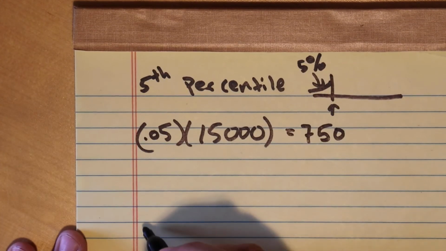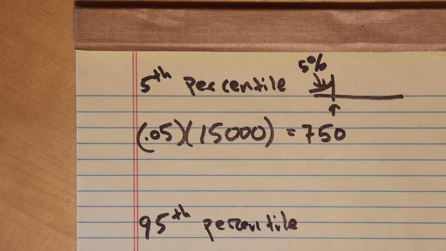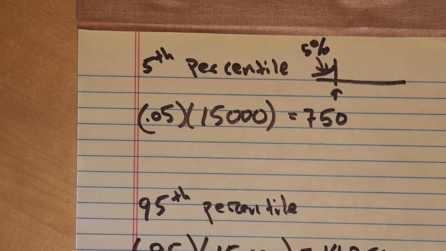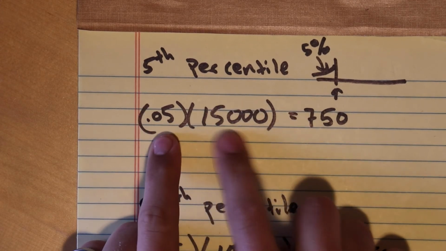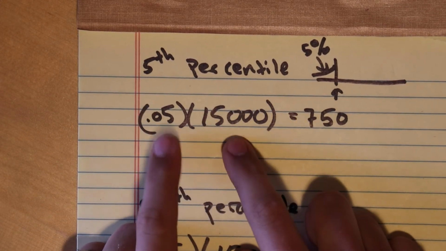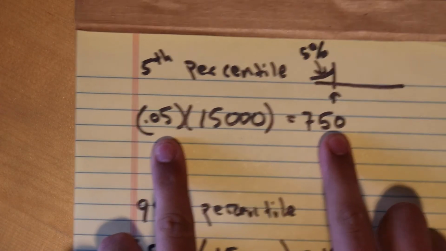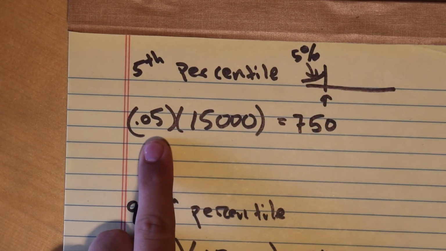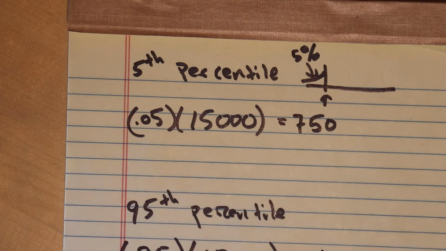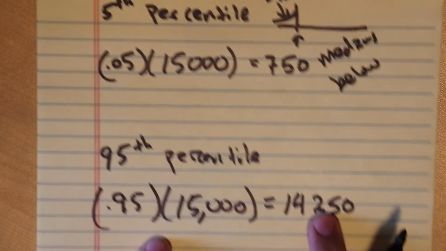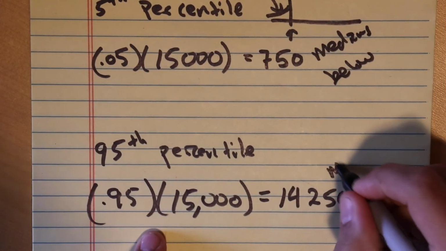The 95th percentile is 14,000. Okay. So for the 5th percentile, I need to find the median where 750 of the data is below, right? I want to find the median where 750 of the samples are below it. Same thing here, I want to find the median where 14,000 medians are below it.